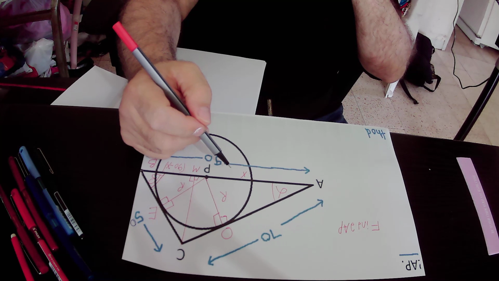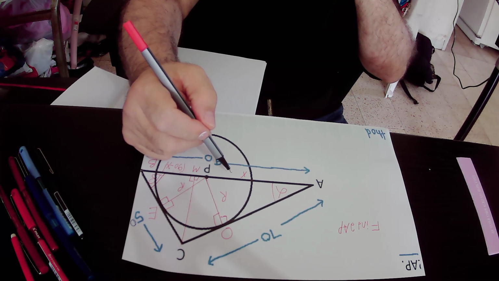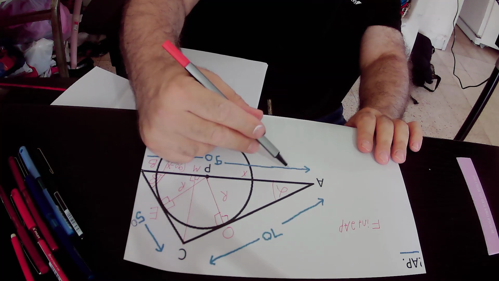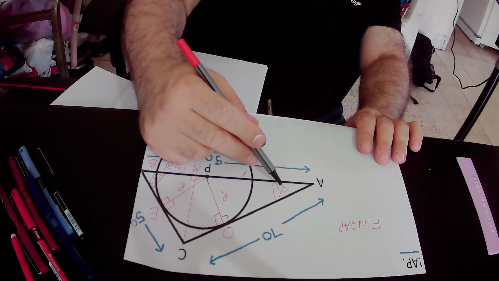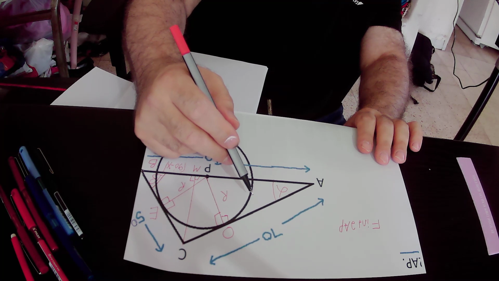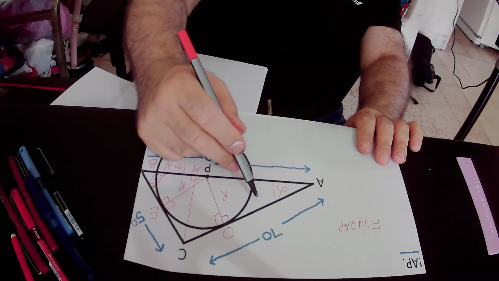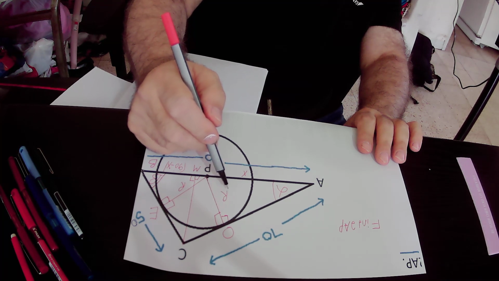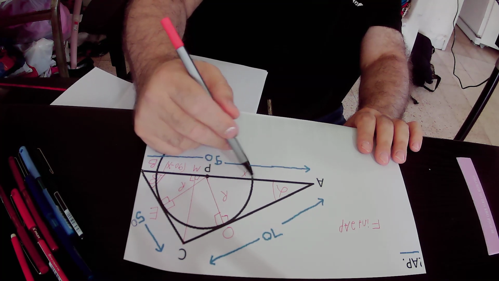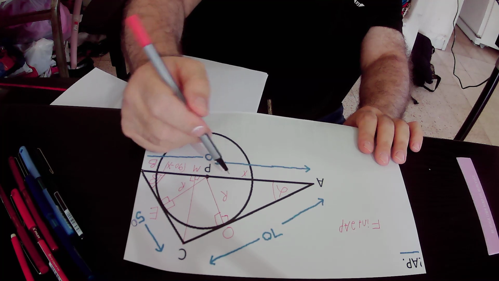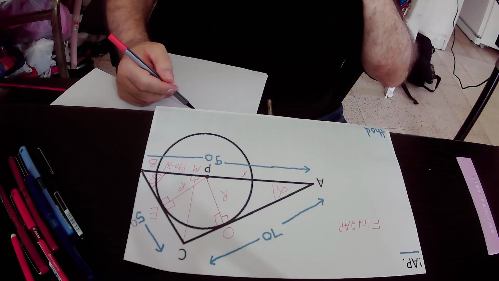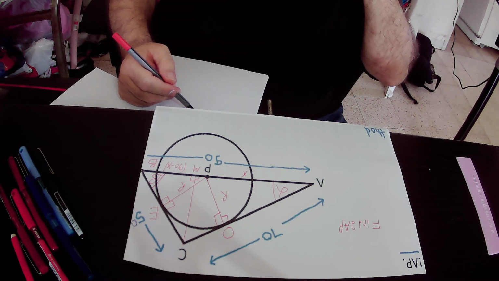Okay, and the reason that AP is the hypotenuse of the right triangle AOP is because the other two sides of the triangle AOP are the perpendiculars of the right triangle. So the third side must be the hypotenuse, because in any right triangle you have two sides that are perpendicular to each other, and the third side is the hypotenuse.